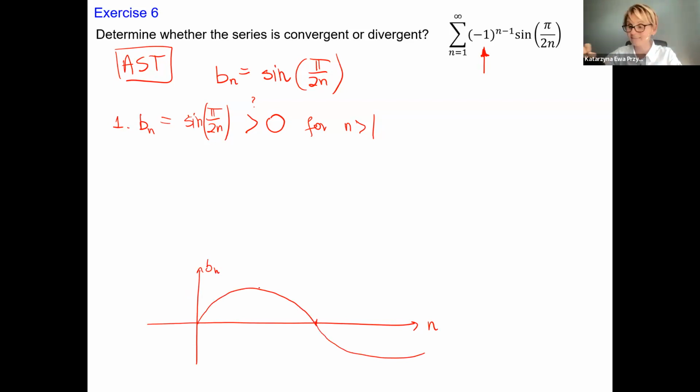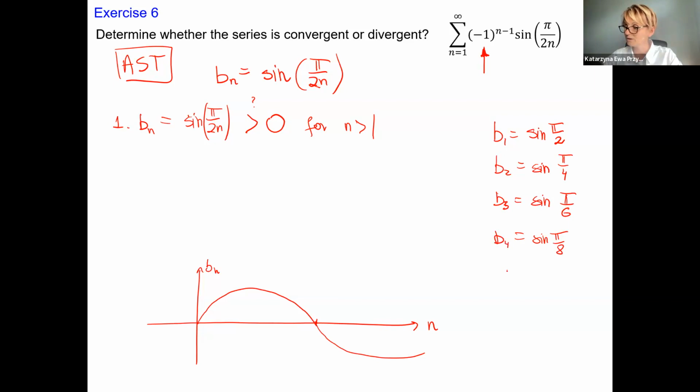If n is 1, what is the term? b sub 1 is sine of pi over 2. What is b sub 2? Sine of pi over 4. b sub 3, it's just even numbers, 2 times n, so pi over 6, and then sine of pi over 8.